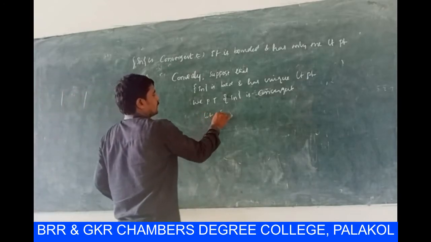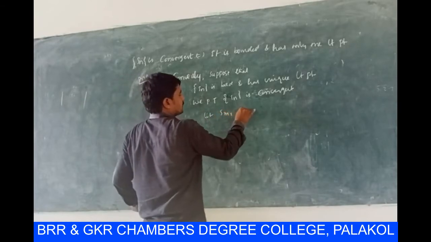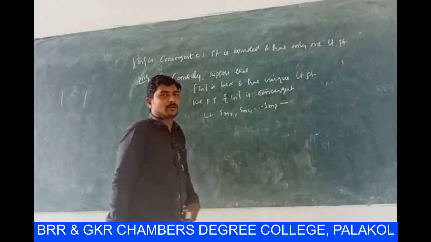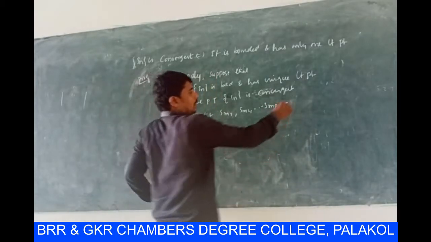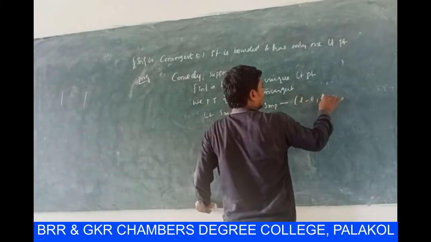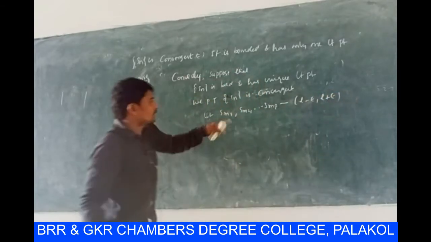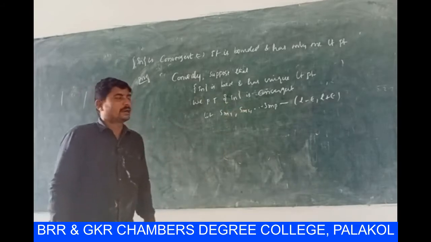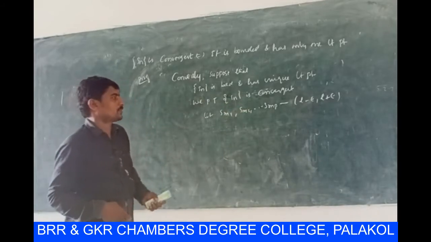Now let M1, M2, and so on up to Mk be the finite number of terms outside the interval L minus epsilon comma L plus epsilon.